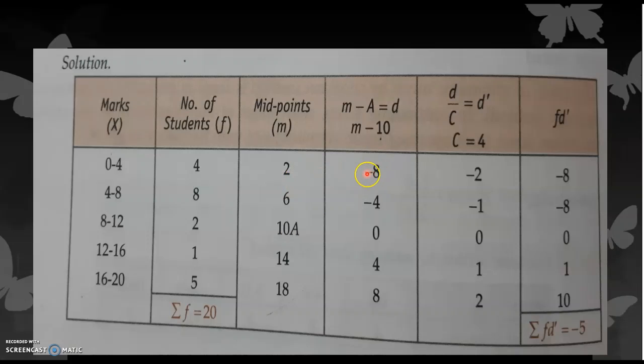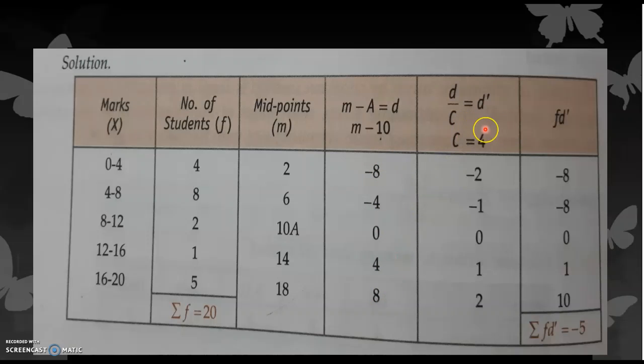Then 6 minus 10 is equal to minus 4. 10 minus 10 is equal to 0. 14 minus 10 is equal to positive 4. Then 18 minus 10 is equal to 8. So we write all these values of D.